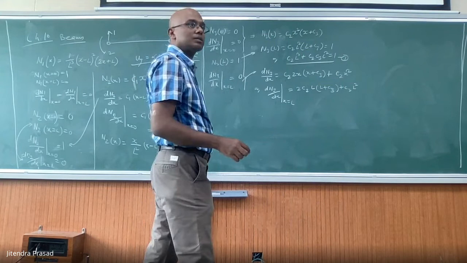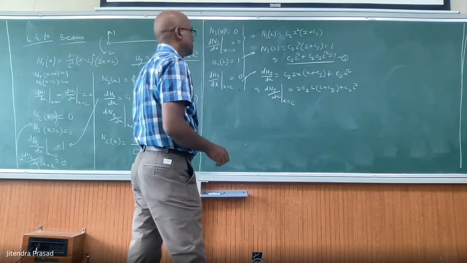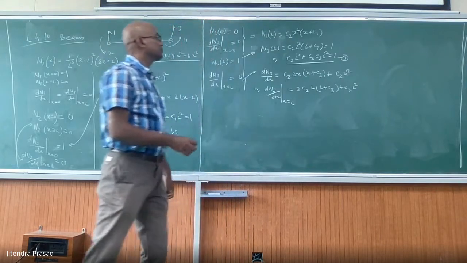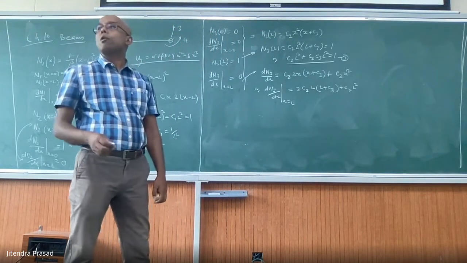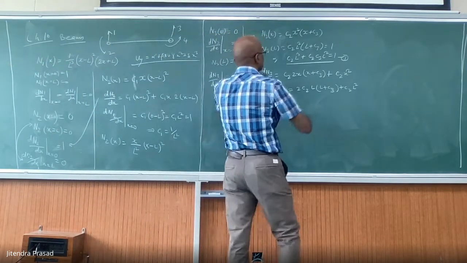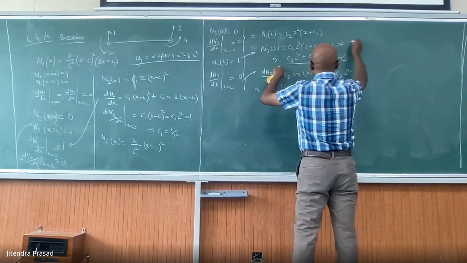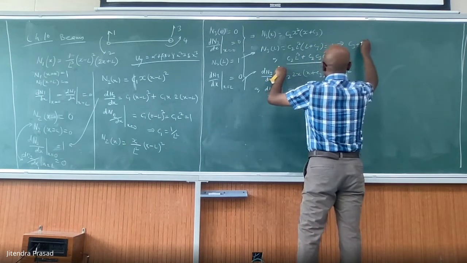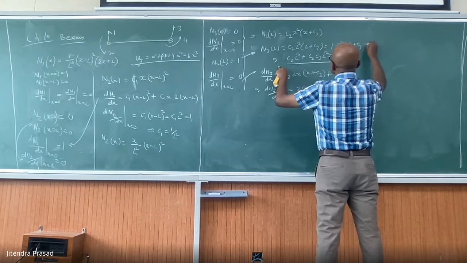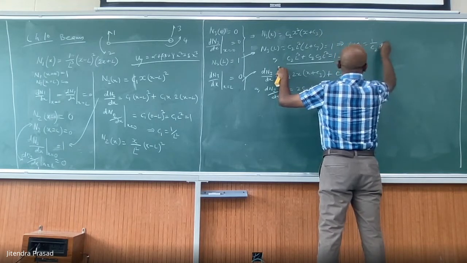We can cancel C2 and L, and then we have L plus C3 from here. So from here you can find L plus C3 equal to 1 over C2 L square.